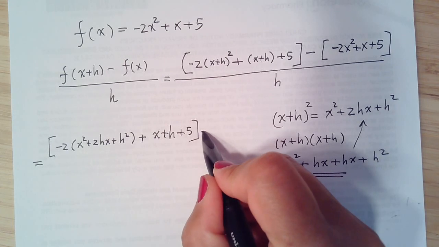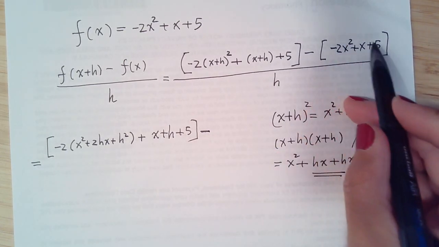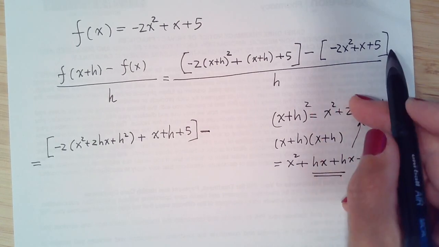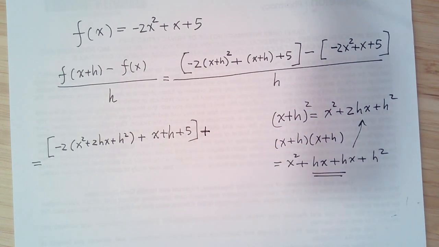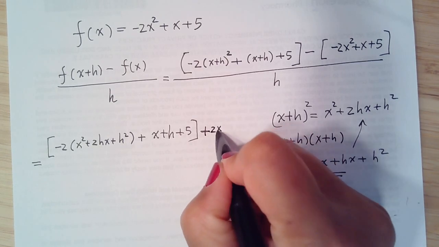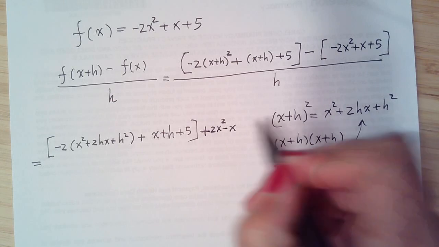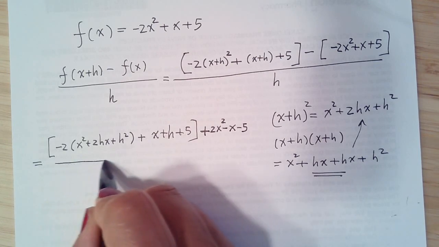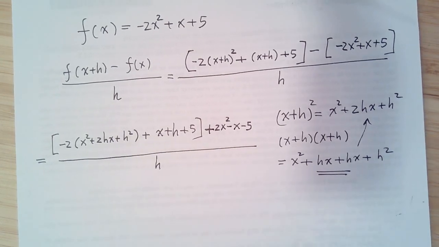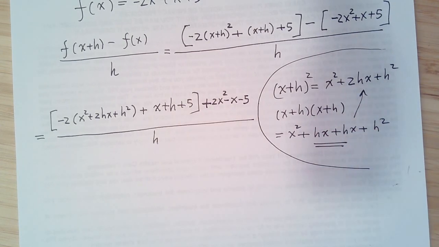And then I go minus the whole bracket, so I distribute the negative sign inside, which means I change the sign of every single term by eliminating that bracket. Then divided by h. I still remember that. Phew! So I keep this aside. That's my side work.